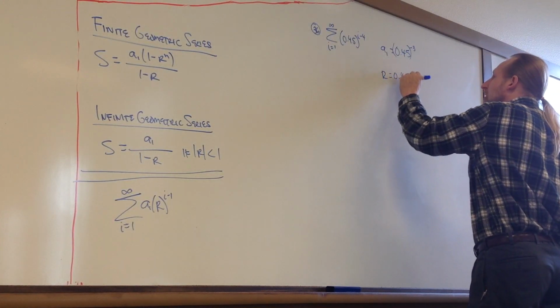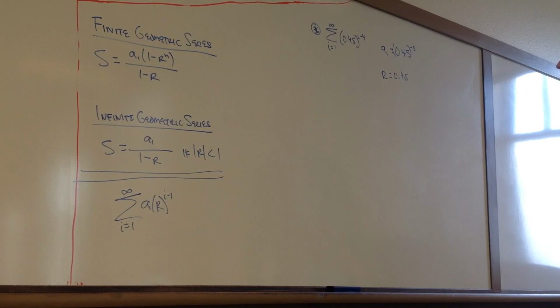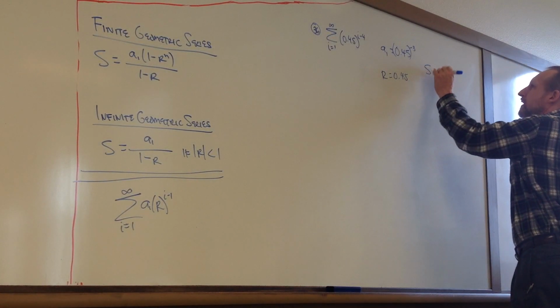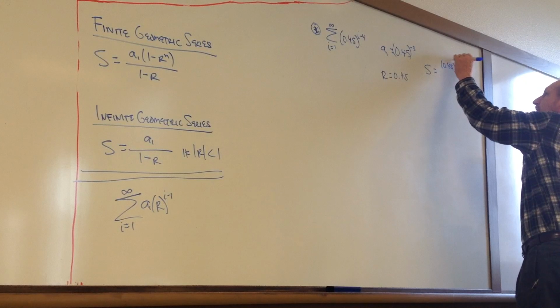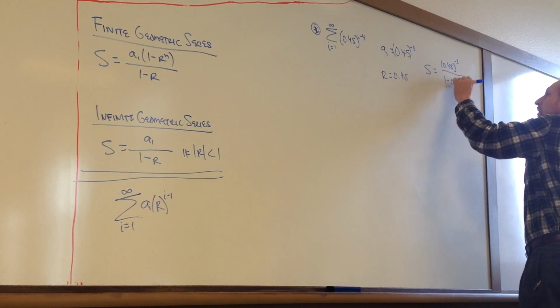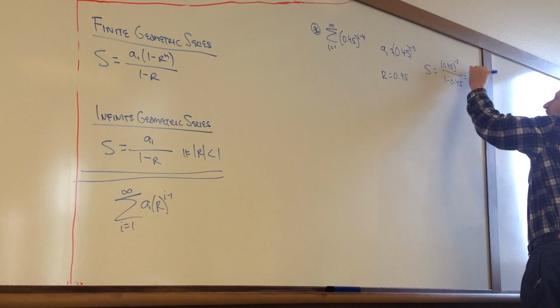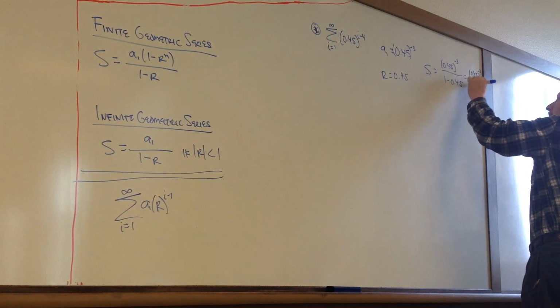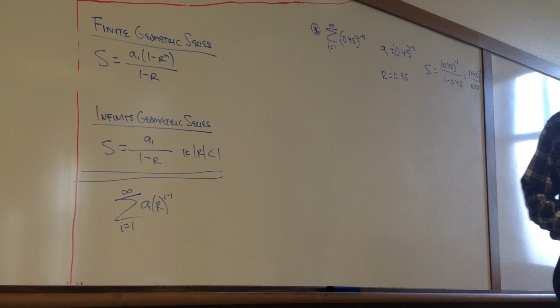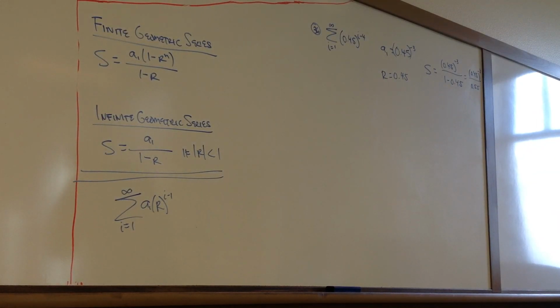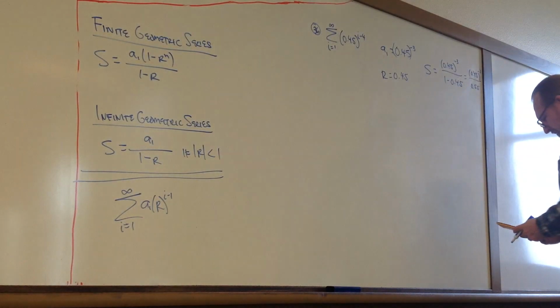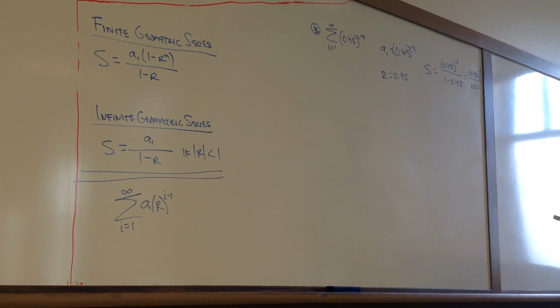Our r is going to be 0.45, and so our sum here is going to be whatever this first term turns out to be over 0.55. So let's see what we get here. 0.45 to the minus 3 power. Yeah, and then we just got to divide that by 0.55.